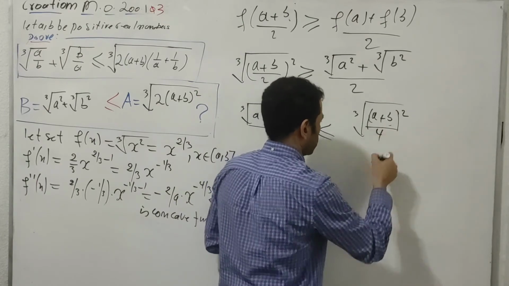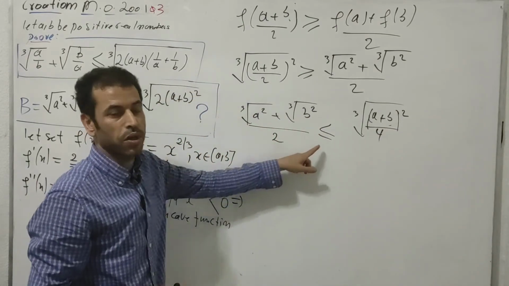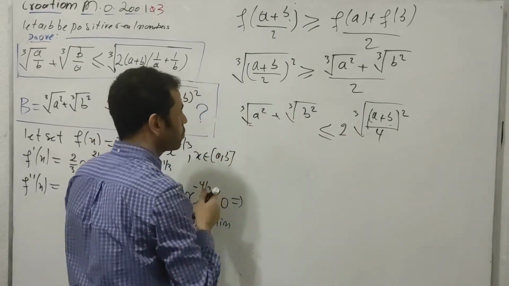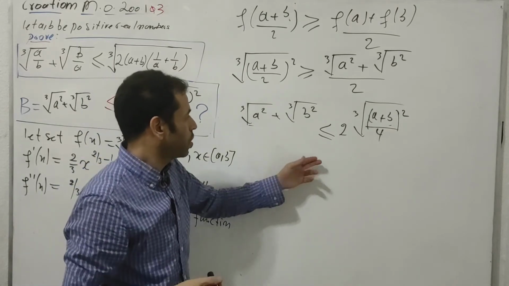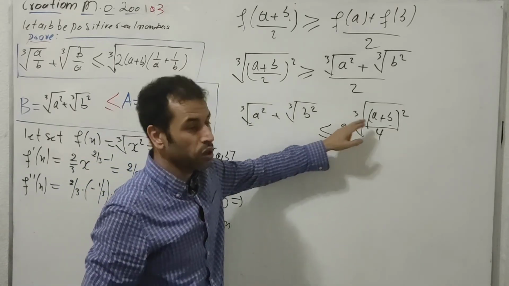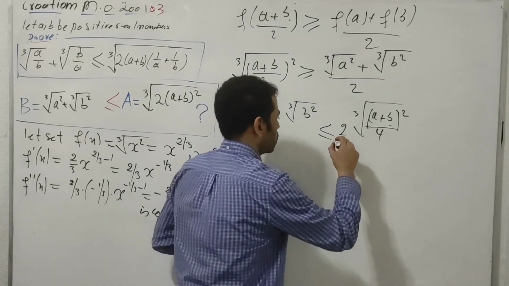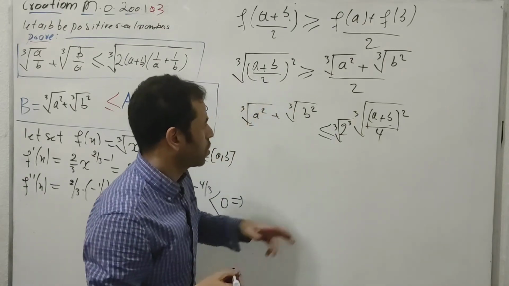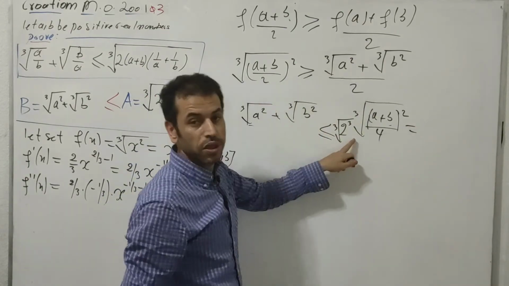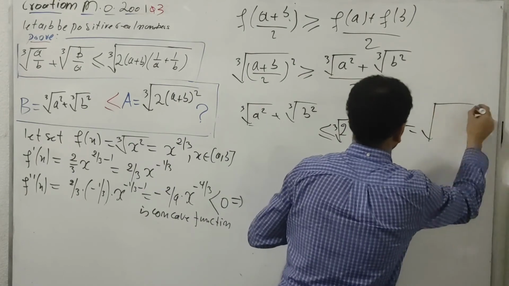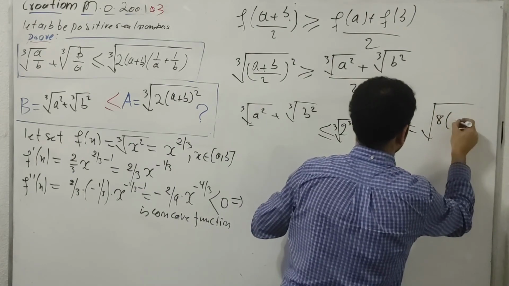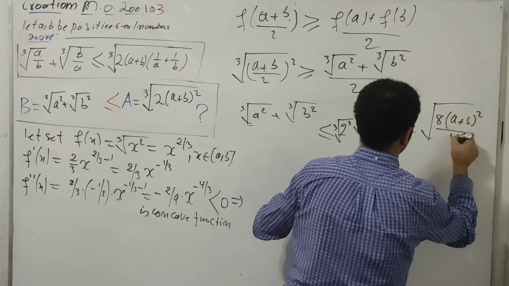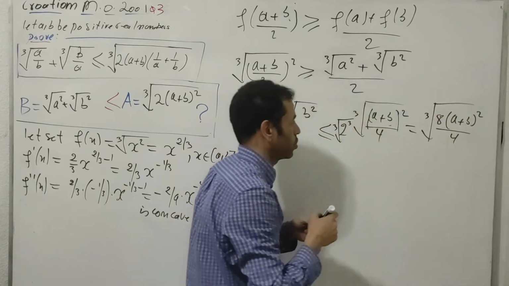Okay, now I'm going to clear the fraction by multiplying both sides by number 2. I will get 2 here. Then next, if I take this number 2 inside, I have to put the cube root here of 3, like this. By putting this inside it becomes 8. I will have 8 multiplied by (a plus b) square over 4, under the cube root.